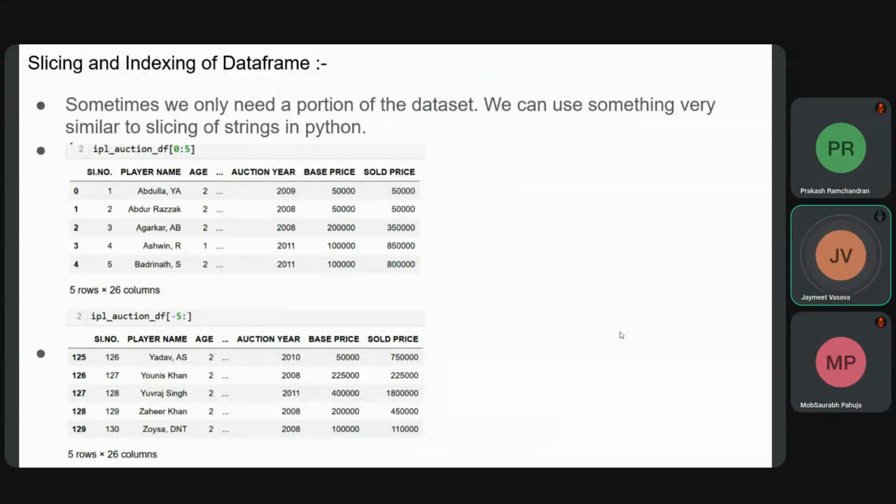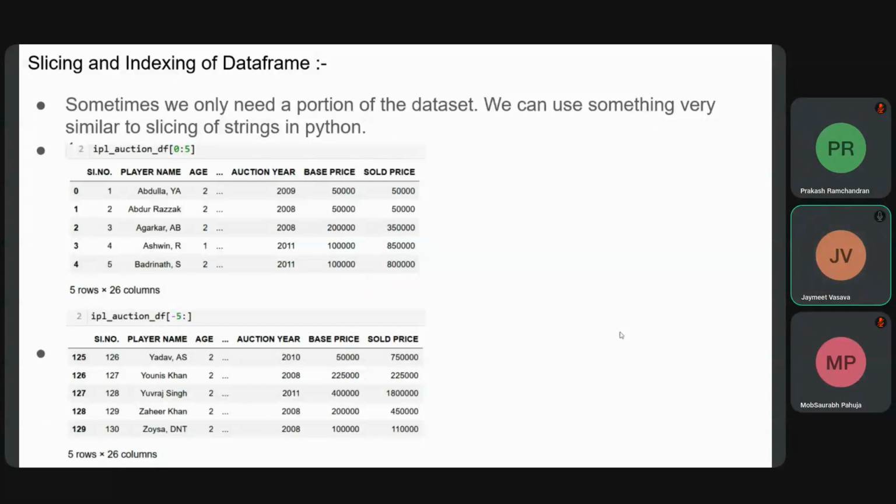Then comes slicing and indexing of the data frame. Just like we have string methods to access a portion of a string in Python, we can do that for our records as well, within the data set's entries.